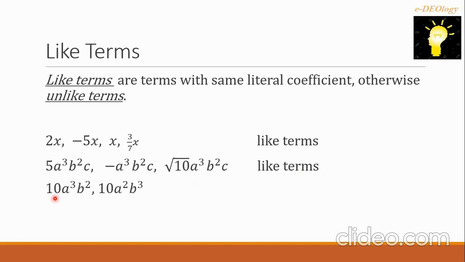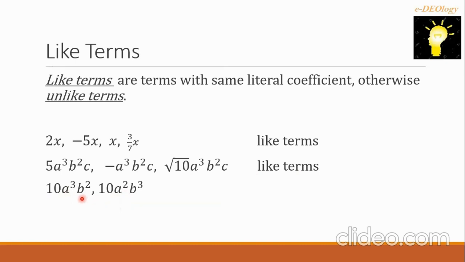Third example, 10a cubed b square. Second is 10a square b cubed. In here, they have the same variables a and b. However, the exponents are different. In the first term, the power of a is 3. In the second term, the power of a is 2.